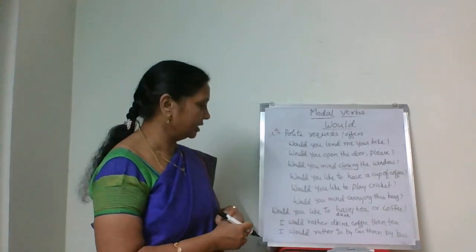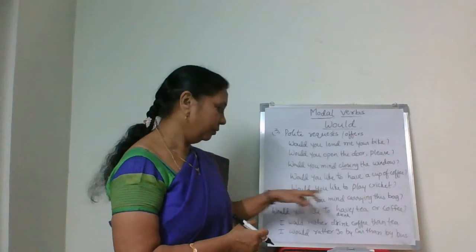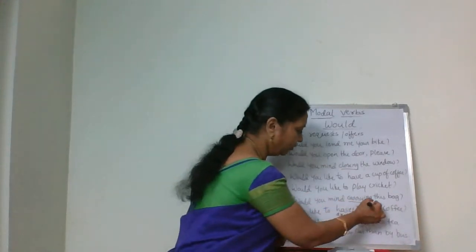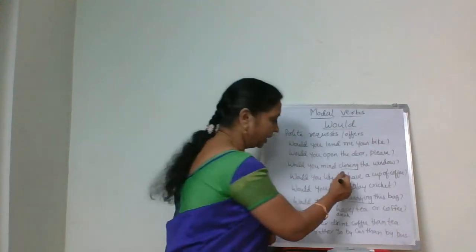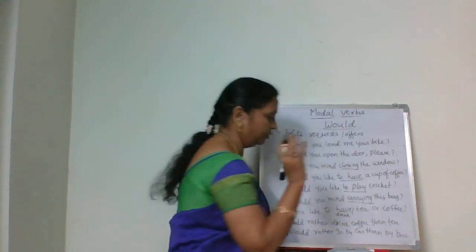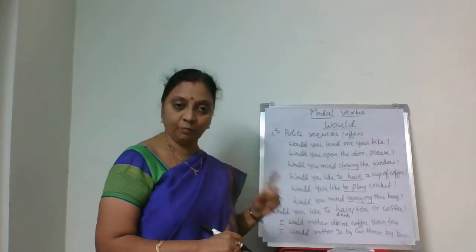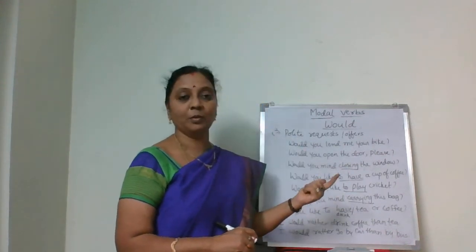Okay, in such cases we use, for "mind" immediately the gerund, and for "like" after "would you like," to plus verb. This you have to remember. These two we use only in case of would, whereas these two we didn't use with could, isn't it? That is also a polite request.